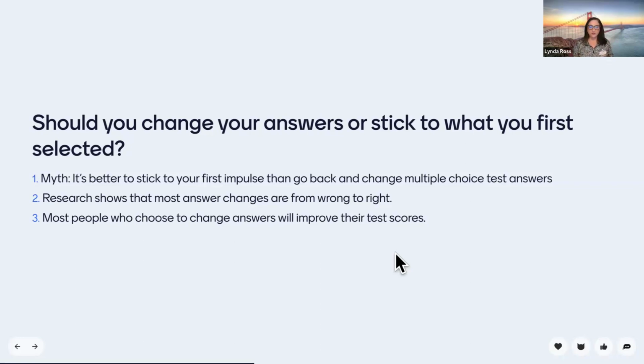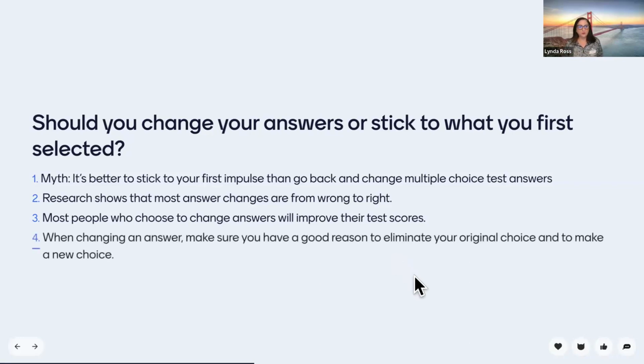We really need to be able to do that. But oftentimes, on your first run through for some questions, you don't read it all the way through. So, a word of caution: if you do change an answer, make sure you have a good reason to eliminate your original choice and to make a new choice, right?